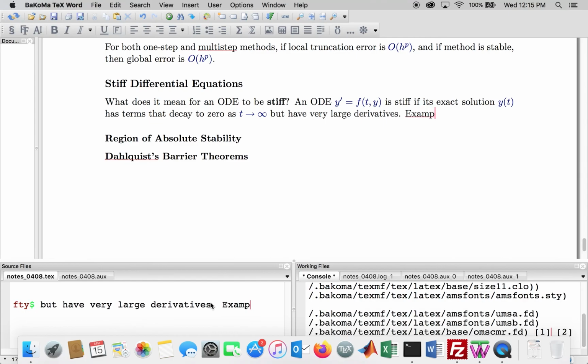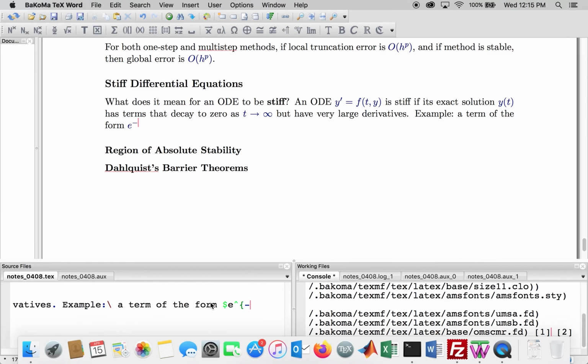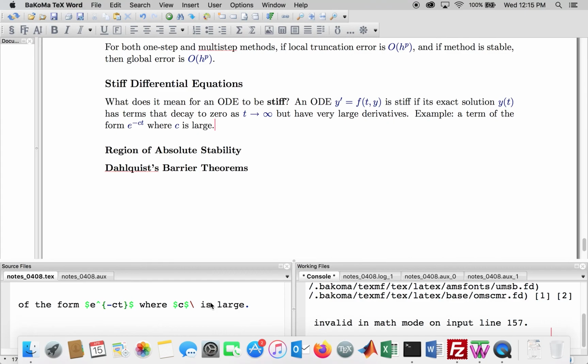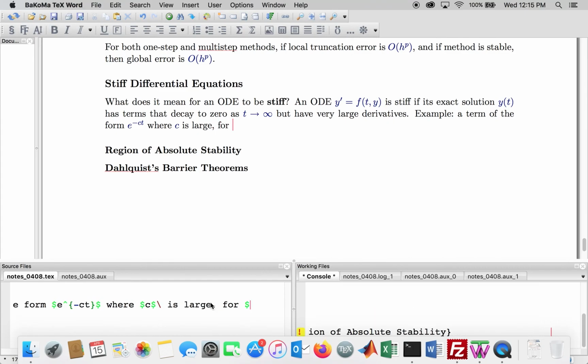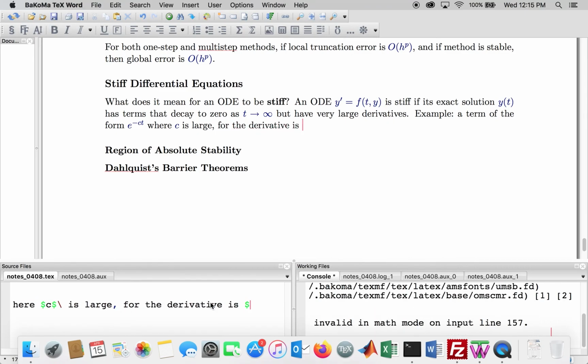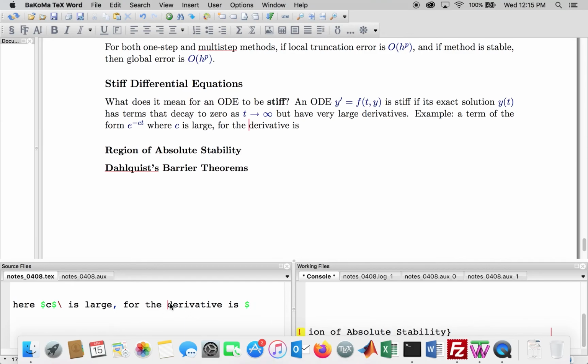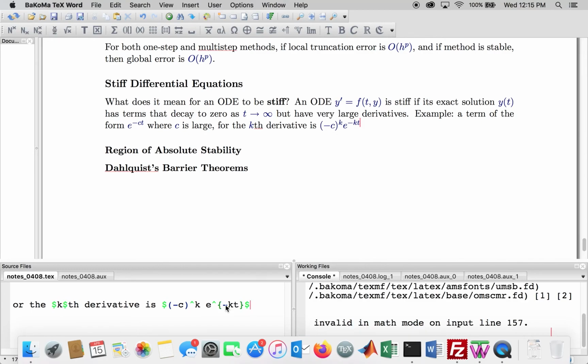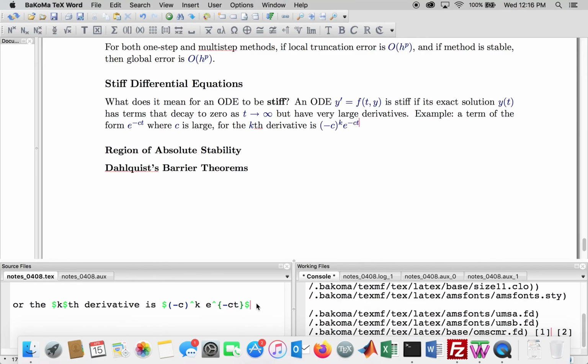As an example, consider a term of the form e to the minus ct, where c is large. The kth derivative is (minus c) to the k times e to the minus ct.